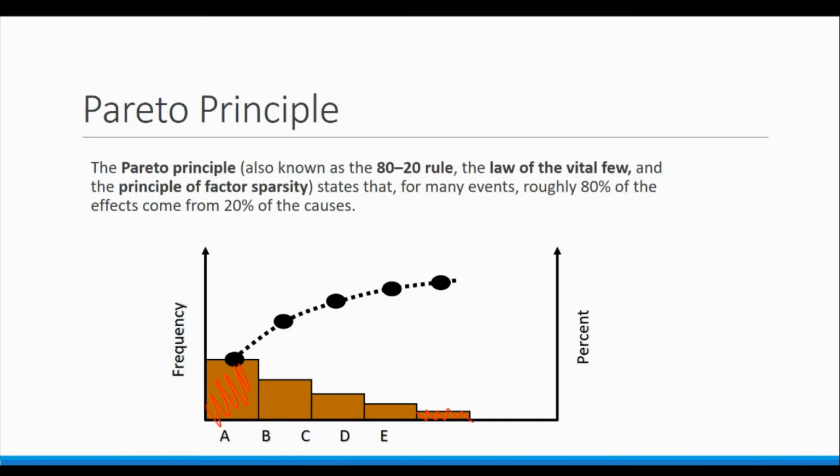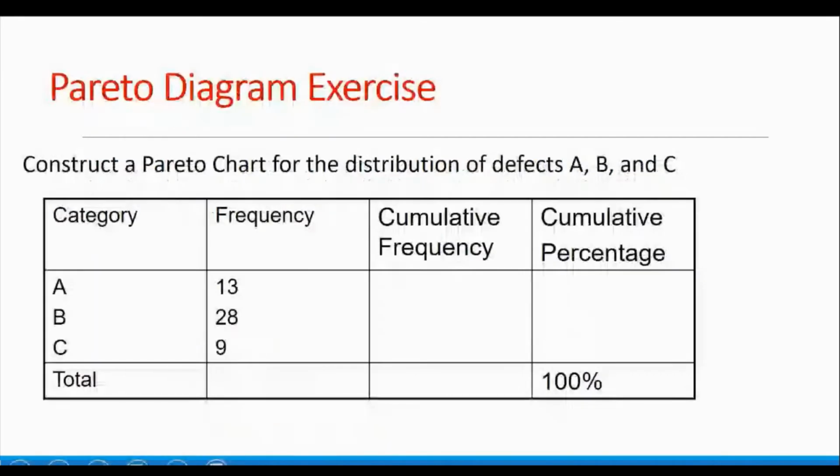So if the company is going to figure out quality issues, they should get their limited resources, the people, money, and time, to focus on the first bar instead of the last one. Okay, so it allows for a company to see where the main problems are.